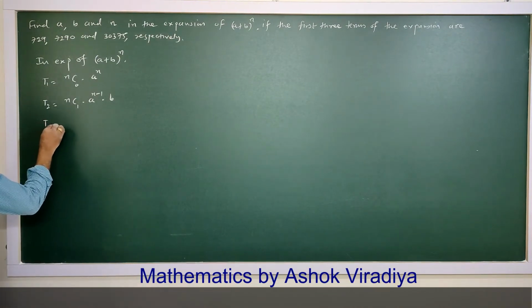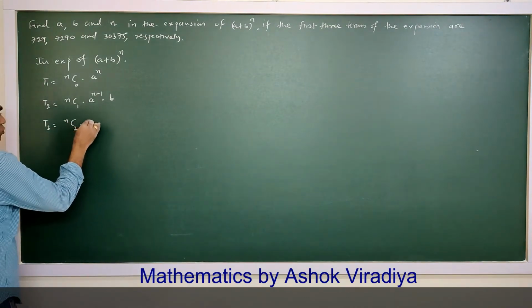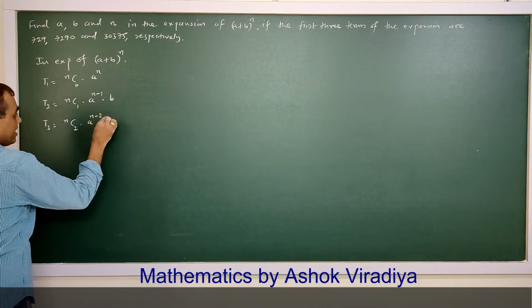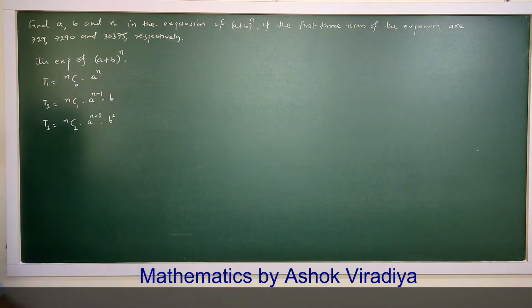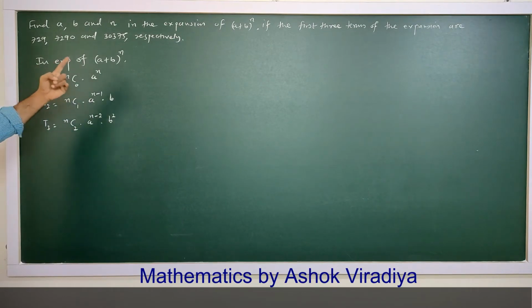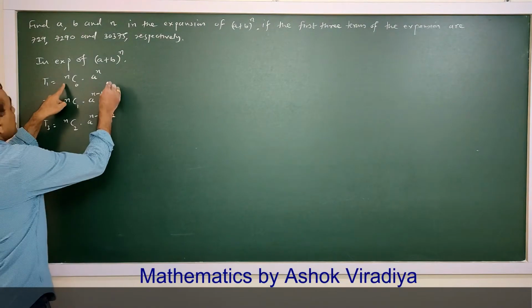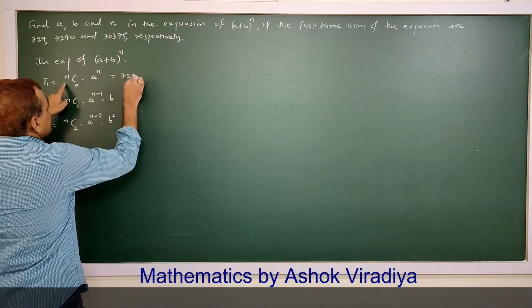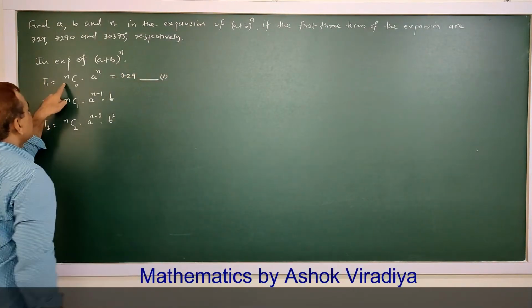Third term is nC2 a raised to n minus 2 into b square. These are the first three terms in the expansion of (a plus b) raised to n. Now first term is 729, we say this is equation 1.